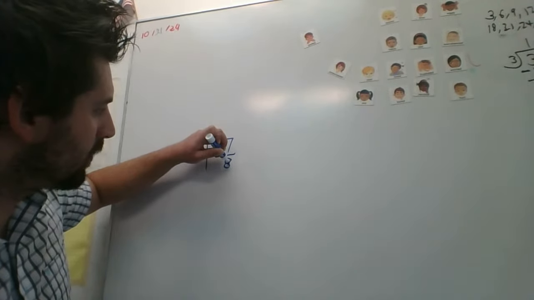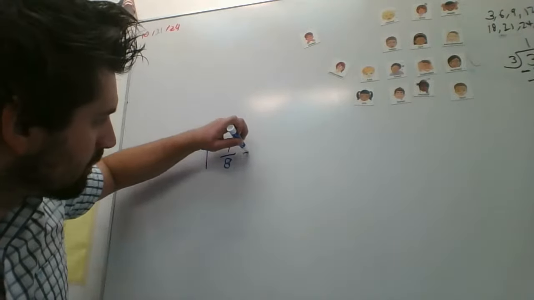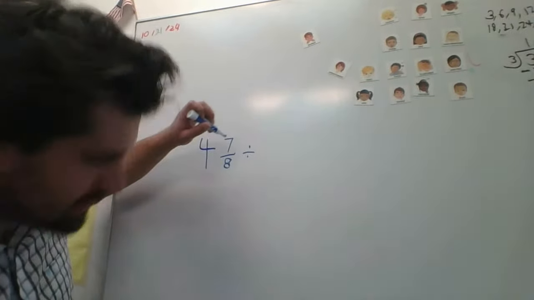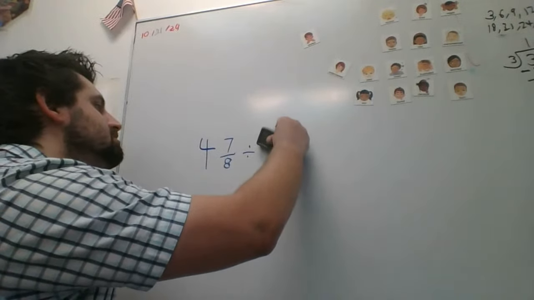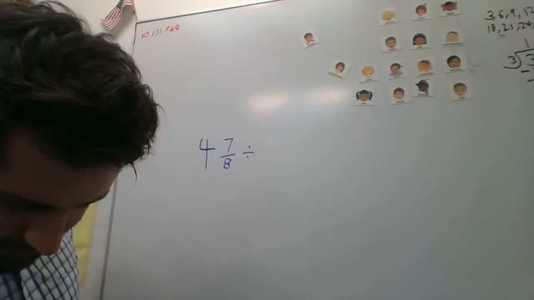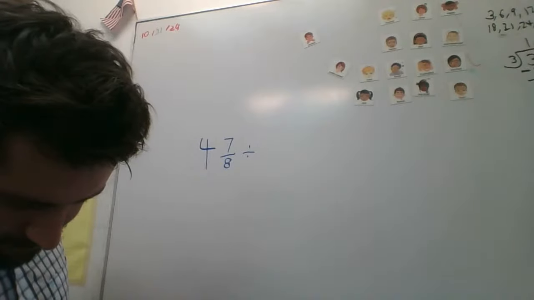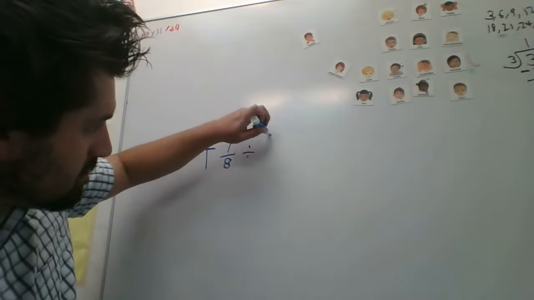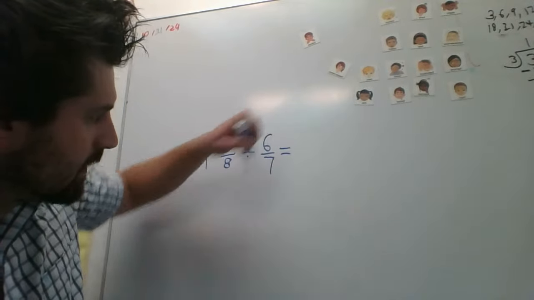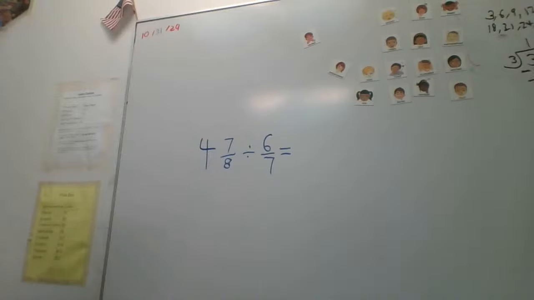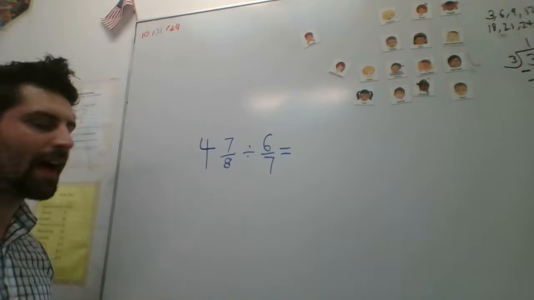So next example problem. We only have one mixed number for this next one. 4 7/8 divided by 6 sevenths.